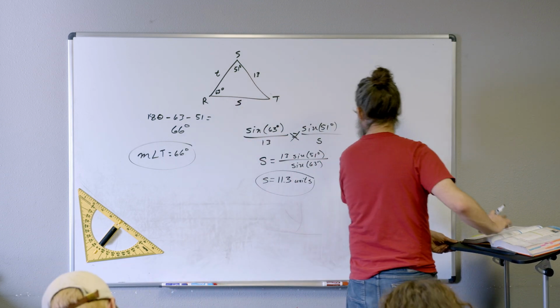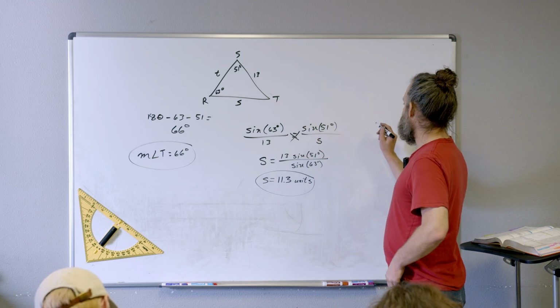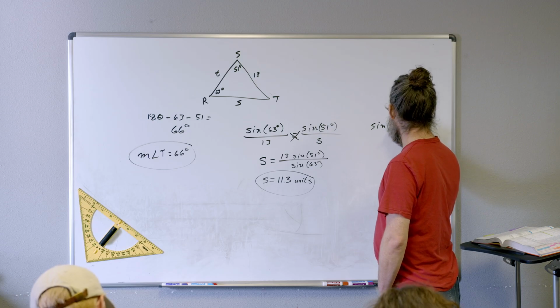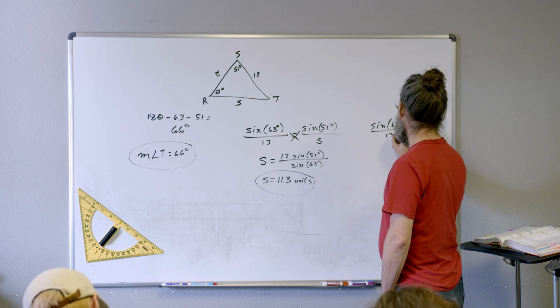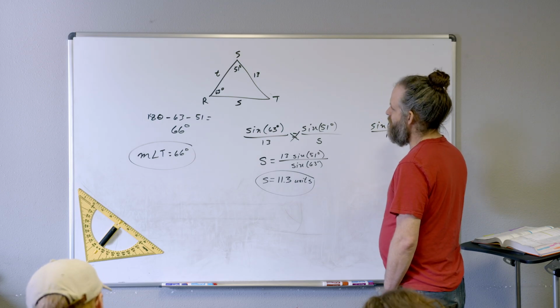So to get the other one, we'd want to, again, go back to given numbers. So we'd want to use this same part of this proportion, right? So the sine of 63 degrees over 13 equals, oh, we can't go back to given numbers, just kidding.